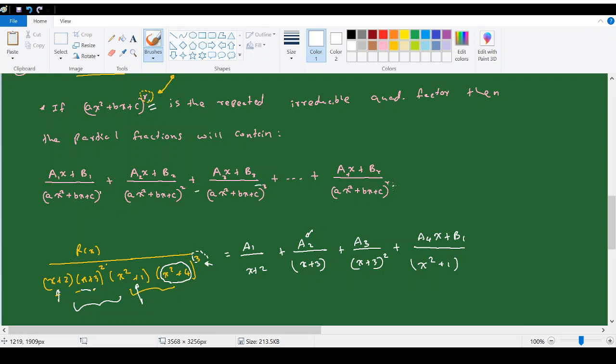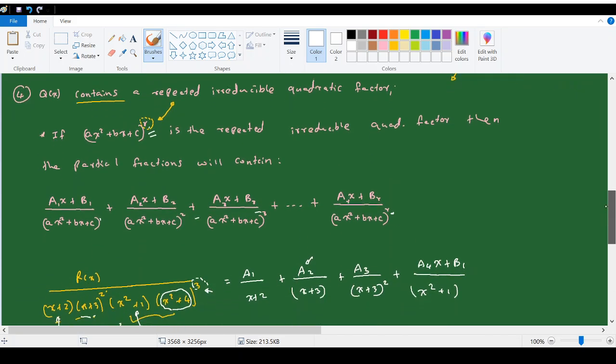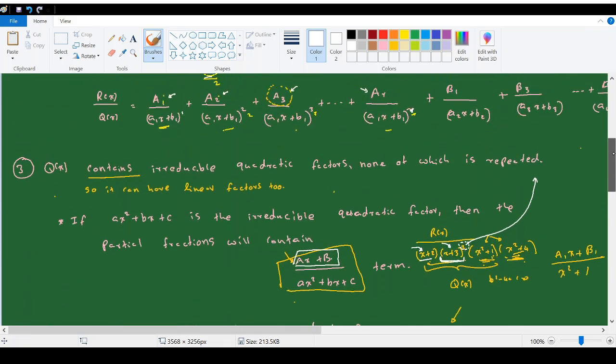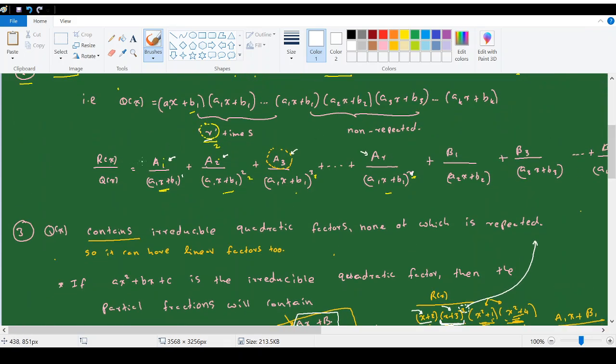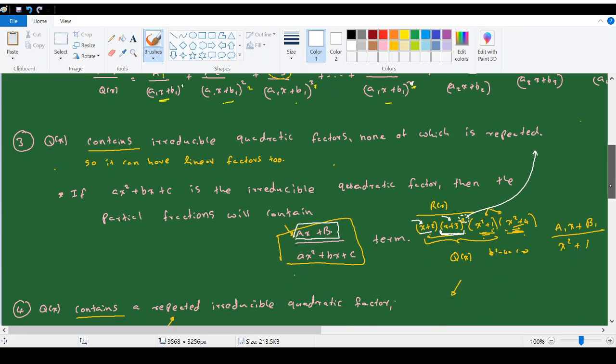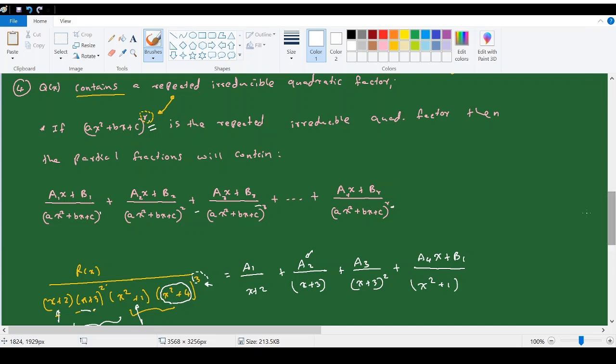But now see, in the second category, when linear factors are repeated, we allocated only a number in the numerator, right? But in this case, when quadratic factors are repeated, we allocate a first degree polynomial in all these portions, right?